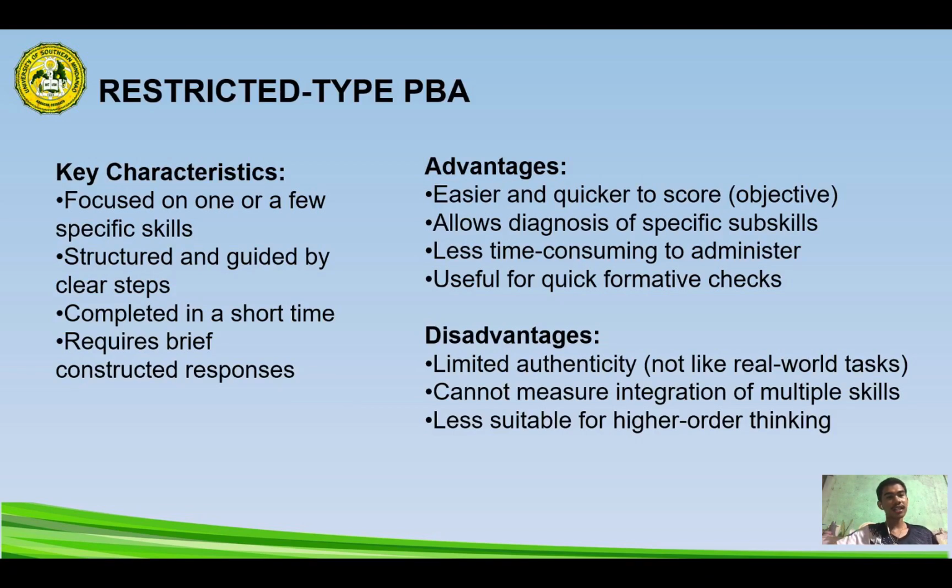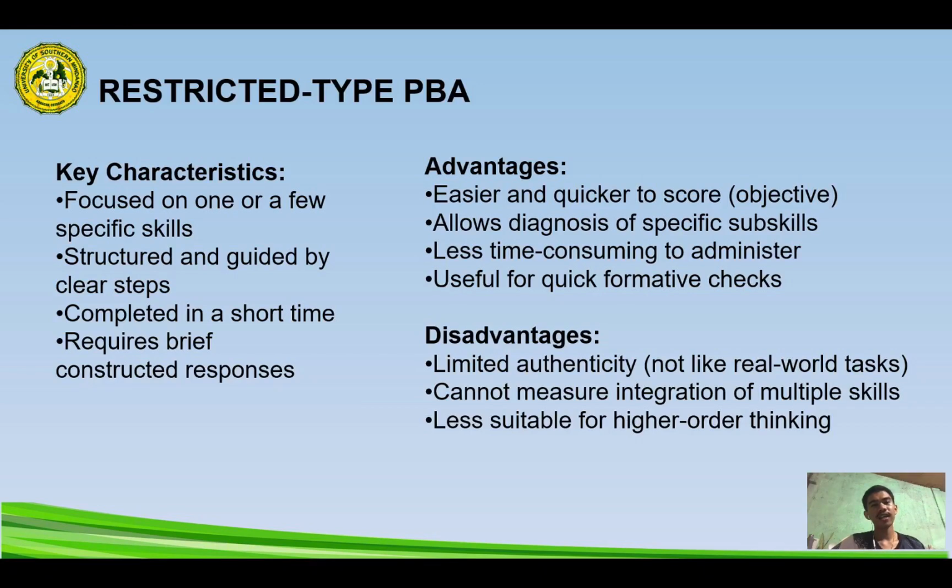The disadvantages are limited authenticity, because it only requires or identifies a single or specific skill of the student, it cannot measure integration of multiple skills, and it is less suitable for higher order thinking skills. In short, the restricted type is specific and structured, ideal for assessing small chunks of learning. It may not capture the full range of student ability or skills.